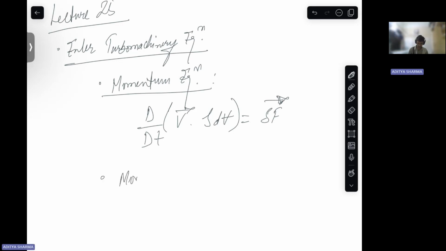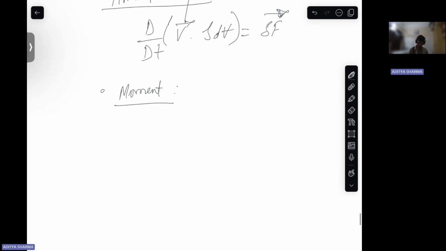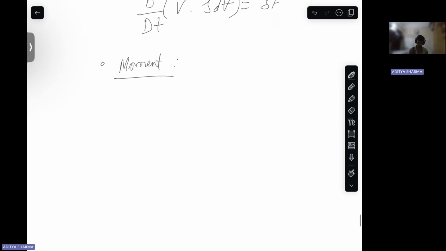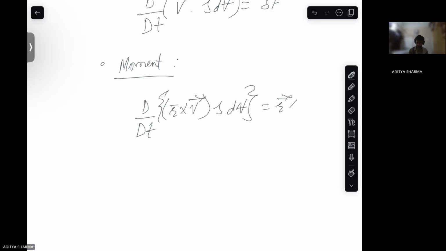And if you take the moment of the above equation, this will come out to be this. This has been covered in detail in your lecture number 25.